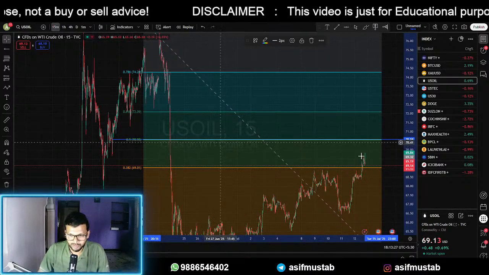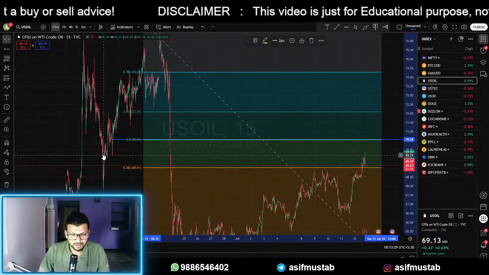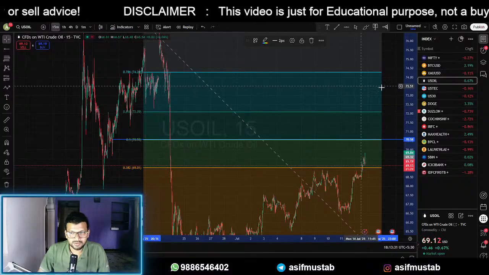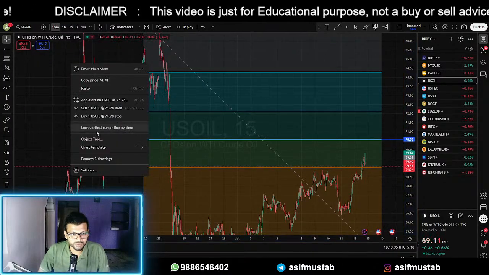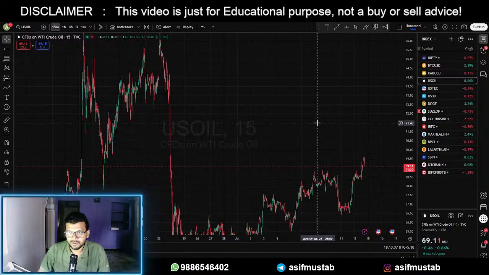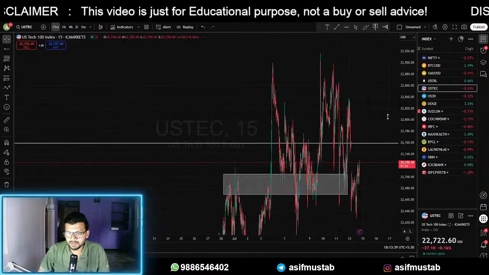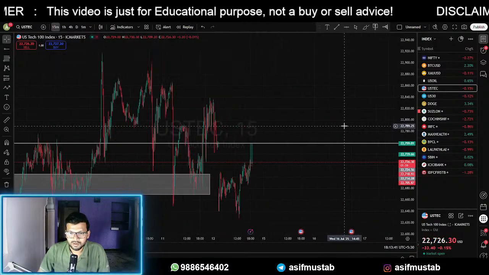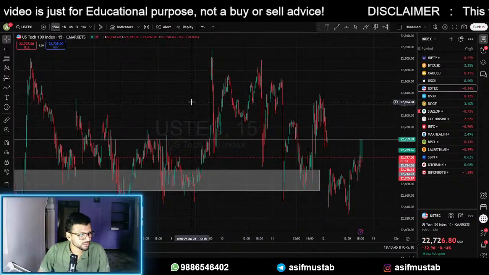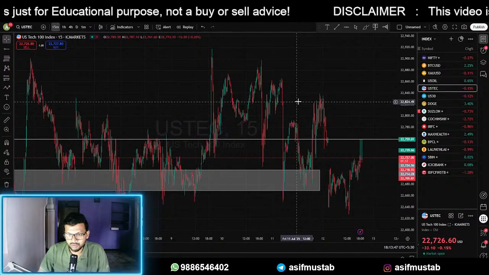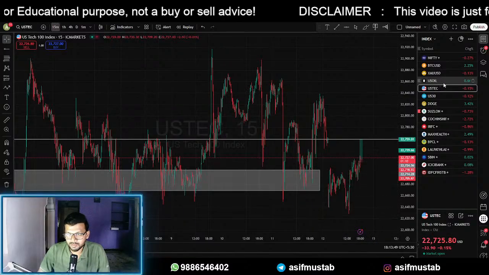Okay, this is the 0.5 level. But as you can see, it started reversing, then we should ignore this. But our risk management must be proper, so that if you are taking small SLs and taking a big target, then only your RR will be good.